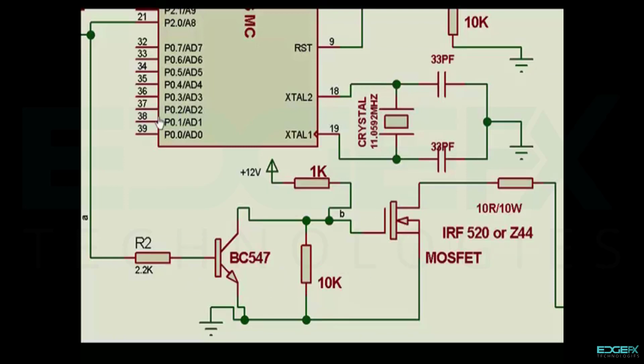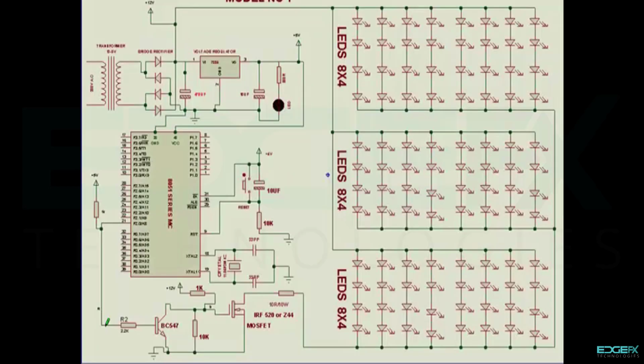We could have directly connected this point to the MOSFET gate, so that when this is high this switch would be on, but that perhaps would not be a very reliable switching operation. When this point goes low, the transistor switches off, and the 12 volt is divided in the ratio of 1 to 10.